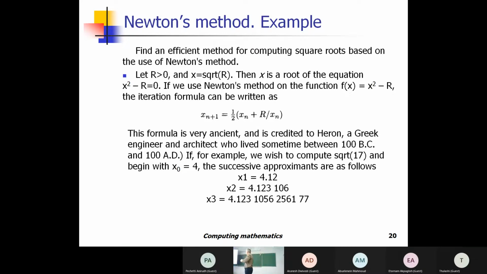Let's apply the Newton method to find the root of this function. How to apply? We should reformulate this formula for this problem.